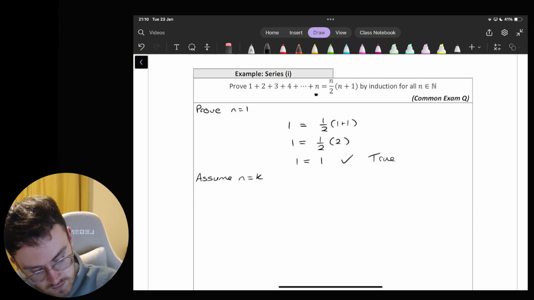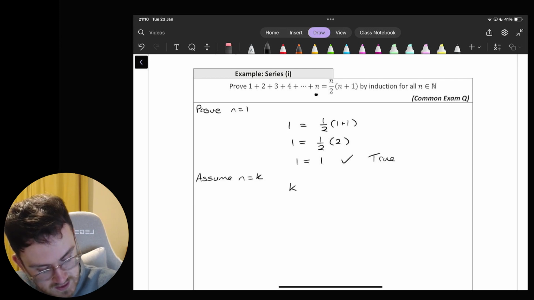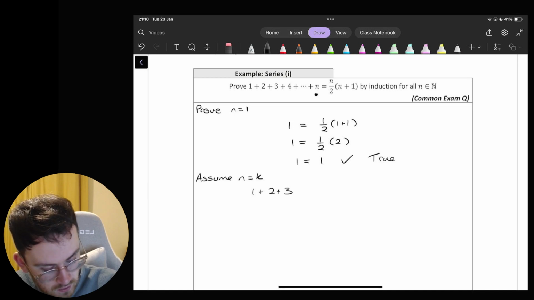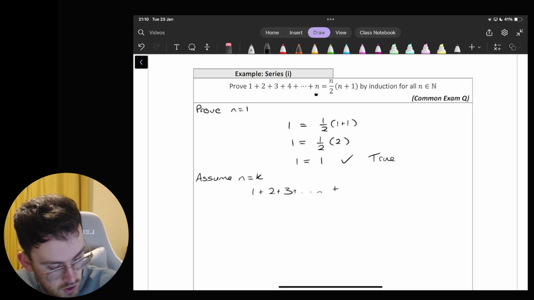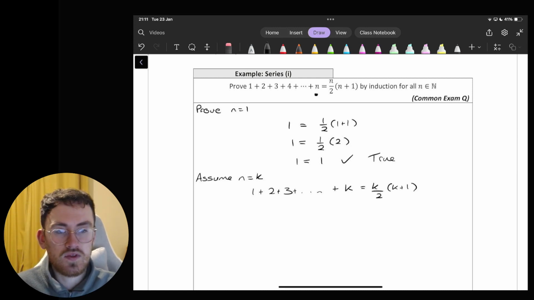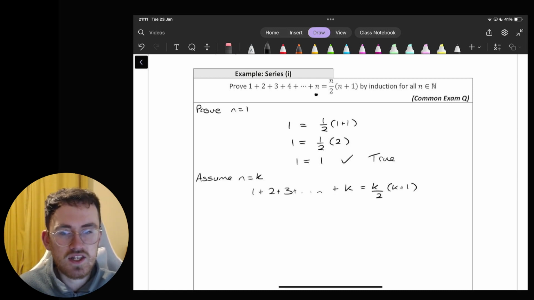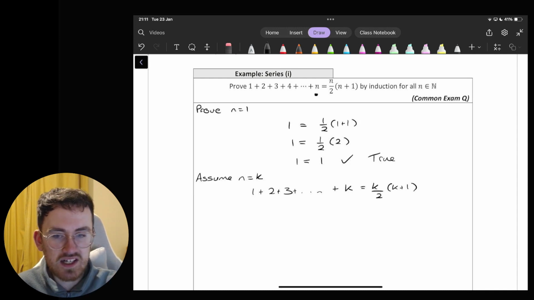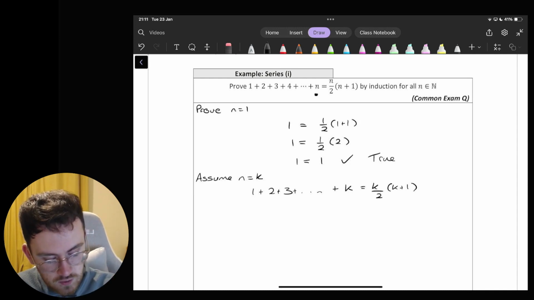So let's assume for n equals k. This is our second step. What we're assuming is that the sum of numbers up to k can be written in this format: k over 2 times k plus 1. That's my assumption here. I'm assuming that if I add up all the values up to k, I could rewrite it in that format.